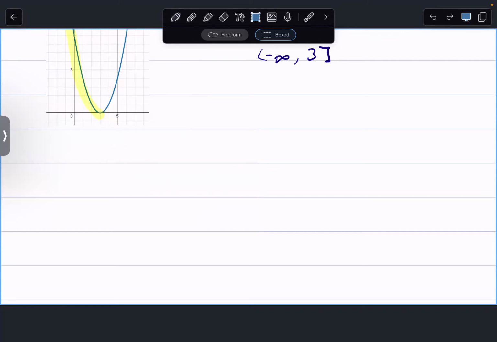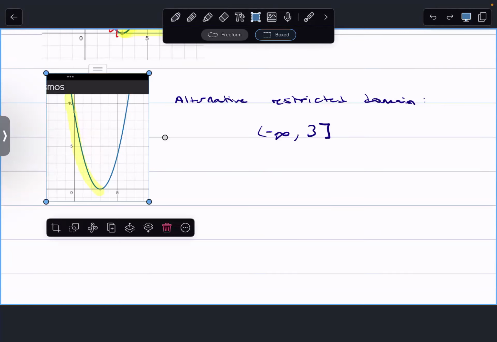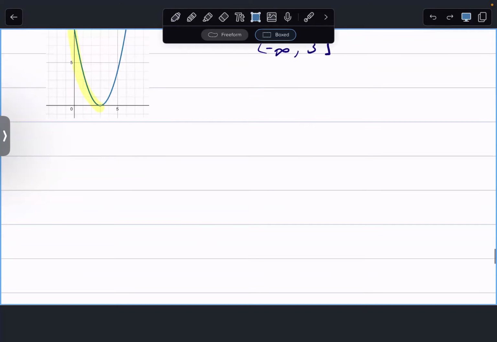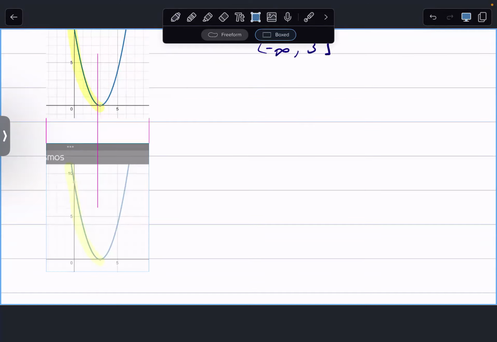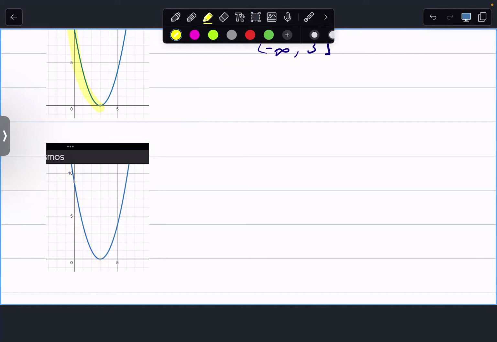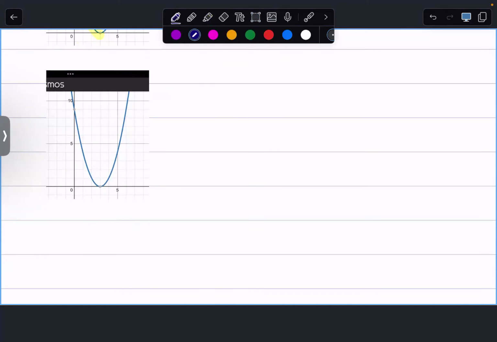Let's see if I can just copy this one. You could go from 3 to 5. Technically, 3 to 5 inclusive is a restricted domain where it is one-to-one, but it's not one that we would use.